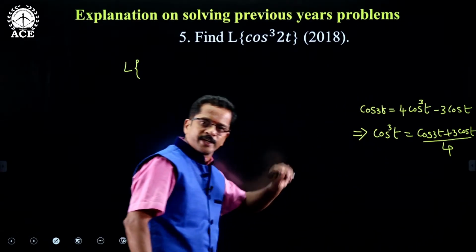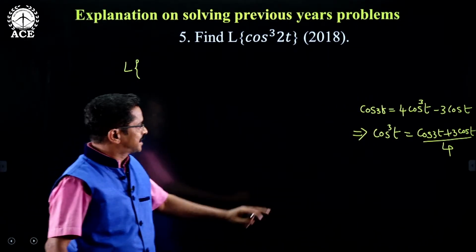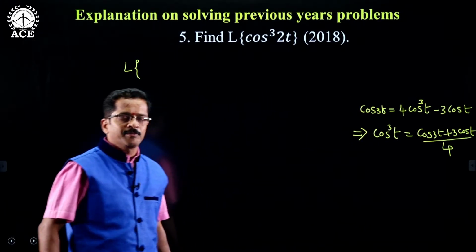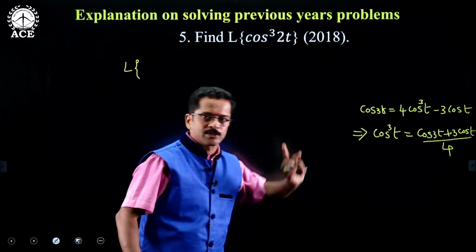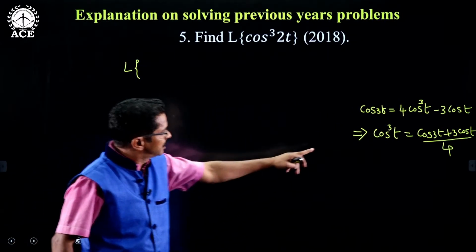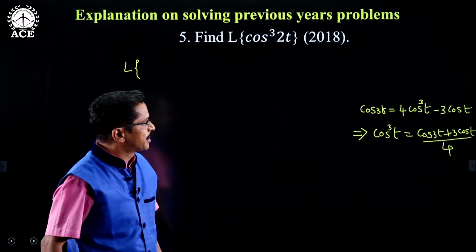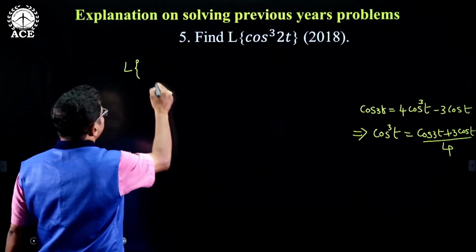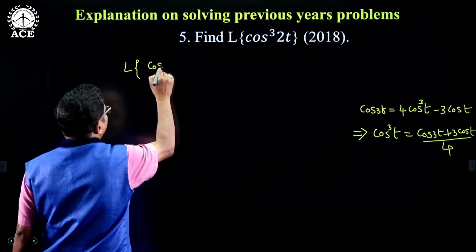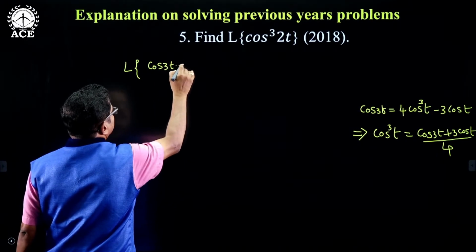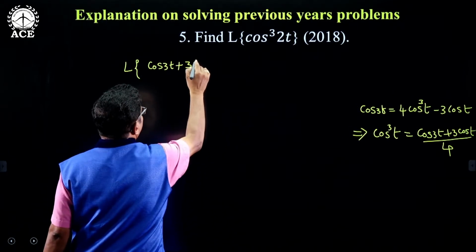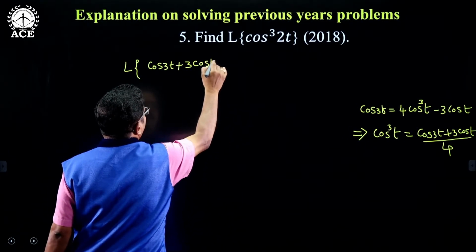I am just making cos cube t the subject from the cos 3t formula, which is written as cos 3t plus 3 cos t by 4.